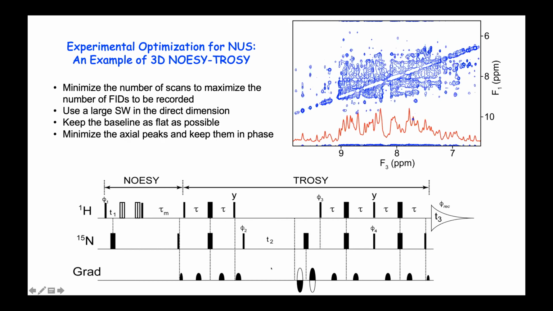Now, this is the echo anti-echo using the gradient, it's a gradient encoded, gradient selective experiment. Therefore, you don't really need phi 2 phase cycling for the T2 dimension. Okay, therefore you're left with phi 1. You could just phase cycle like this.